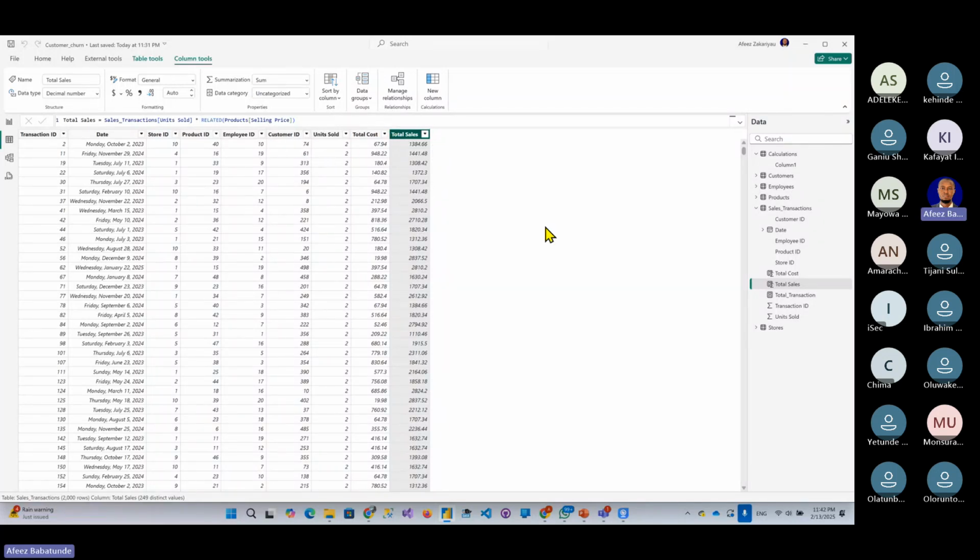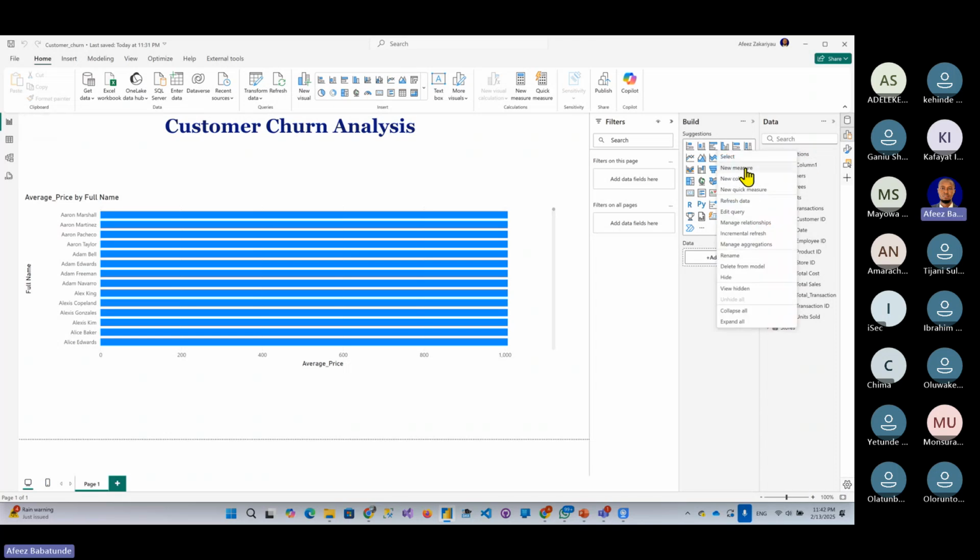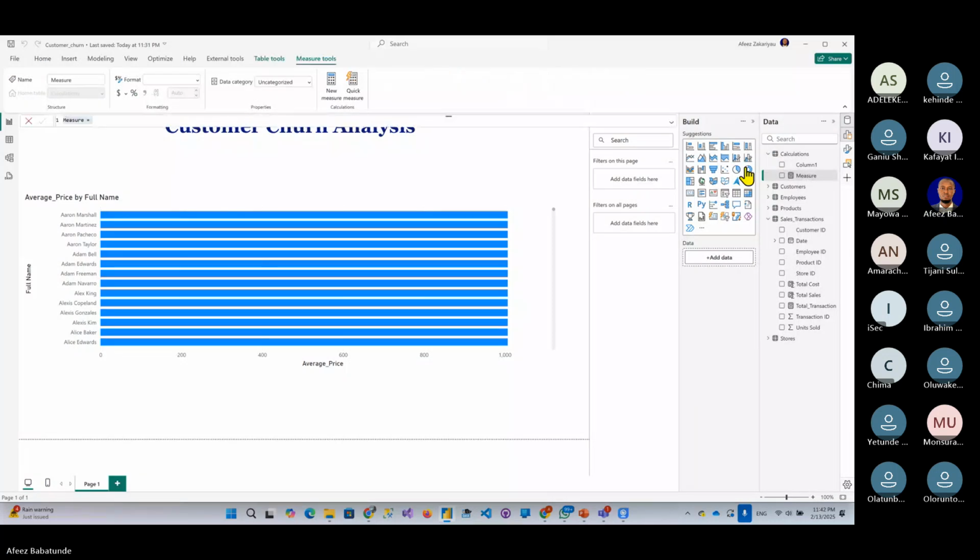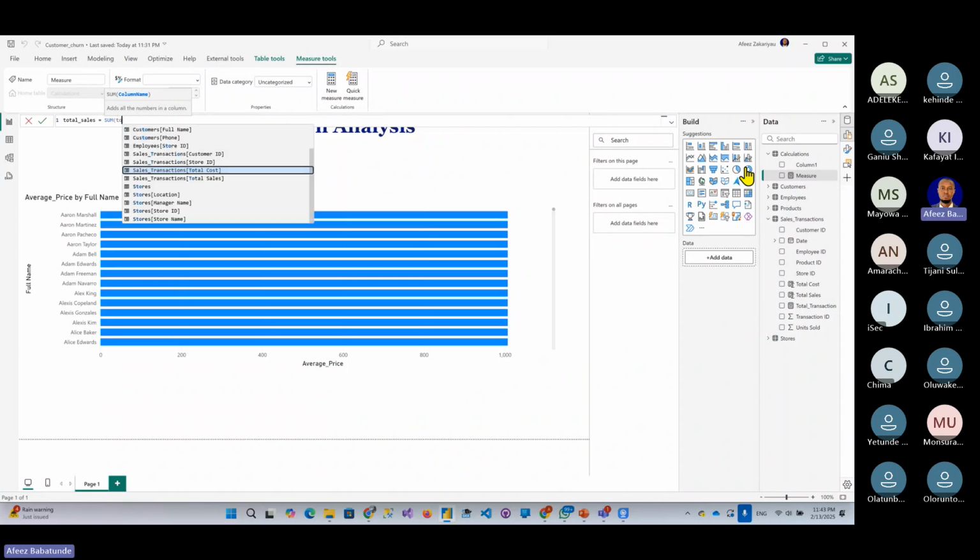So you don't even need to stress yourself. You can get a calculation of total cost and you can come back here and then get your profit. New measure. This is now equals to sum of sales.